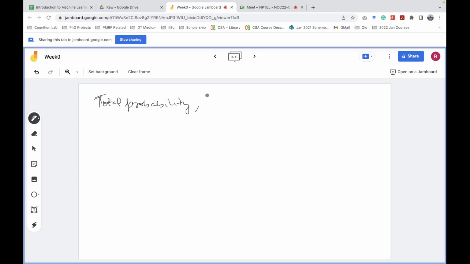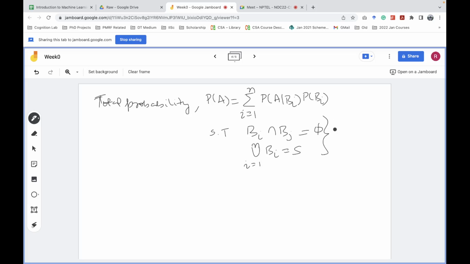If you remember, this is basically probability of A is the summation of probability of A given Bi into probability of Bi, where i goes from 1 to n, such that Bi intersection Bj is equal to phi, and the union of Bi for i equal to 1 to n is the sample space. So all the Bi's form a partition, right?